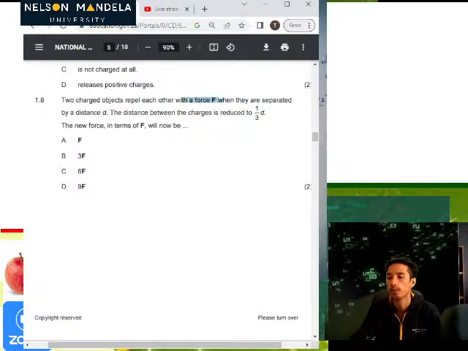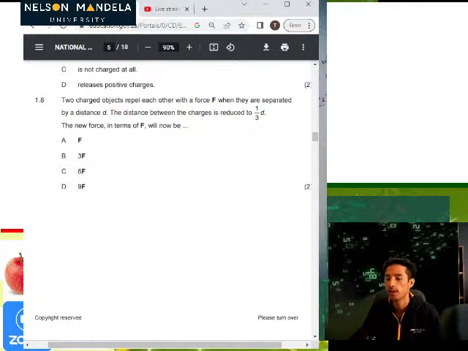What you should be looking for here is that we have a force F and two charged objects. When we're referring to charged objects, you should be thinking of Coulomb's law. So with the force F, they're separated by a distance d. This is the initial information.